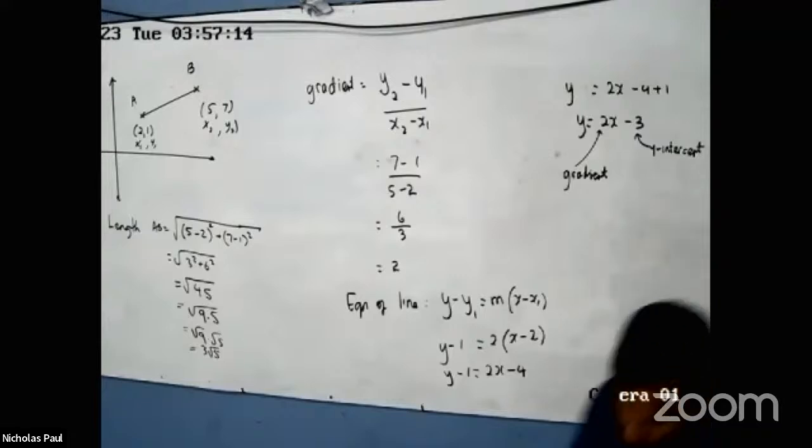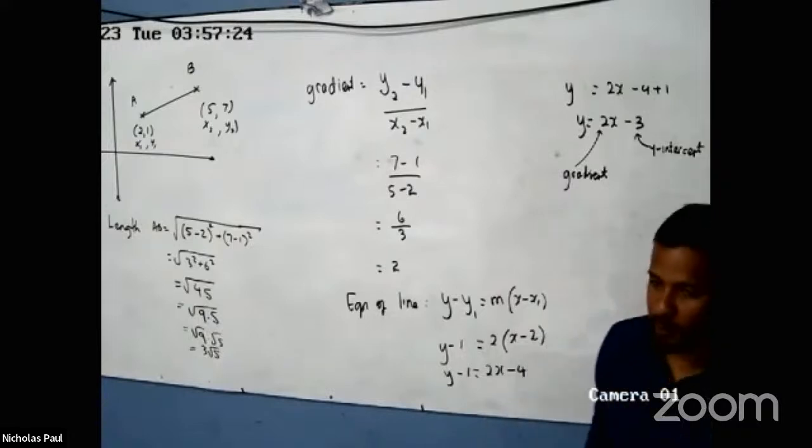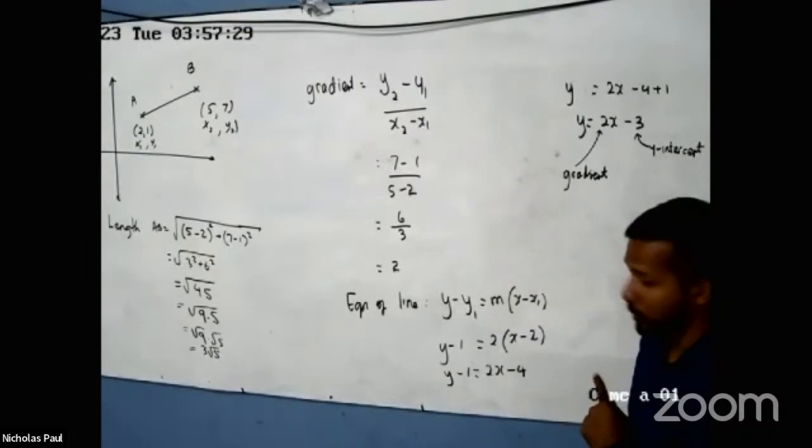Online. Are you okay there, Richard? Are you okay there, Faraj? All right, nice. So I'm just going to change the numbers. I want to try one per minute. Find the gradient and equation of the line.